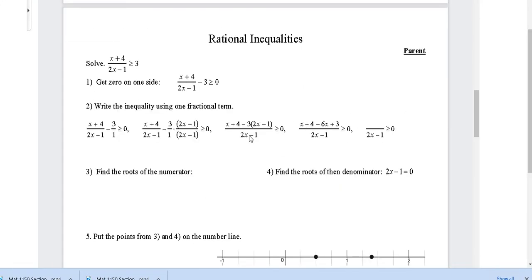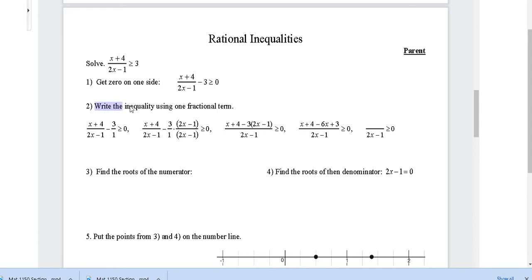Maybe this shows up better than it does on my view screen, my dock camera. But a lot of the work here is very similar to what we're going to do with polynomial inequalities. With polynomial inequalities, we wanted to test points around where the function can change signs. And we're going to do the same thing here with rational inequalities. It's just that the way we get our points is going to be a little bit different. So, kind of like what we did with the last one, you're going to get 0 on one side.